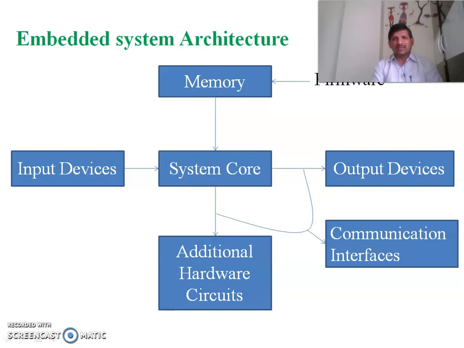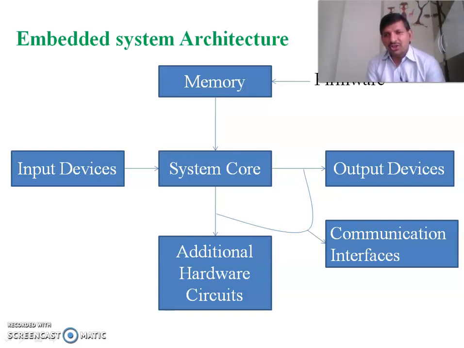If any malfunction is there, it will generate a reset signal. Or analog-digital conversions, or comparators, comparing the values and generating the corresponding outputs, pulse width modulation circuits, and so on.